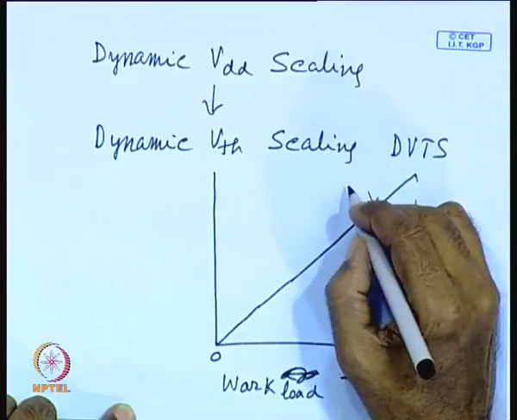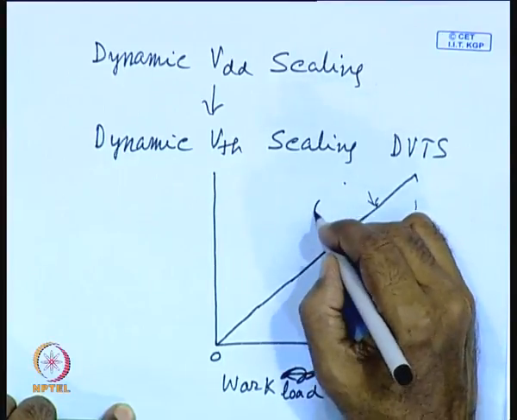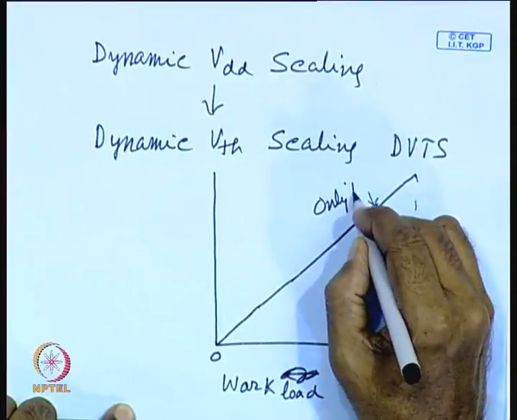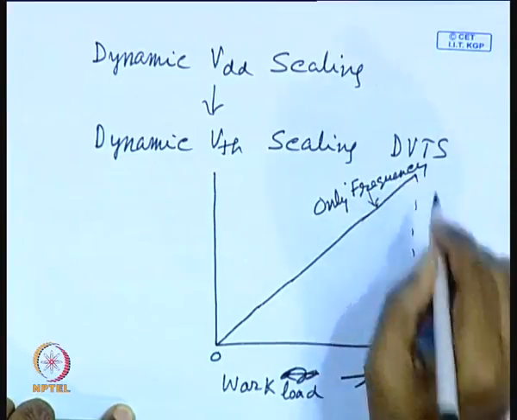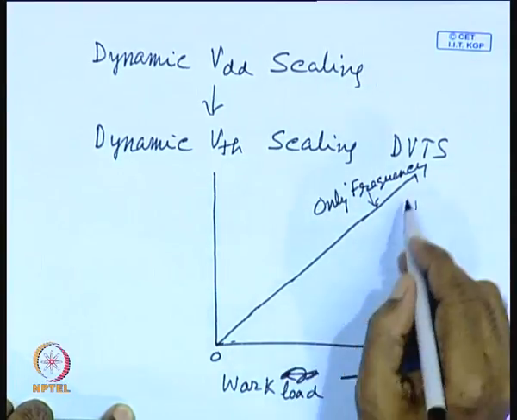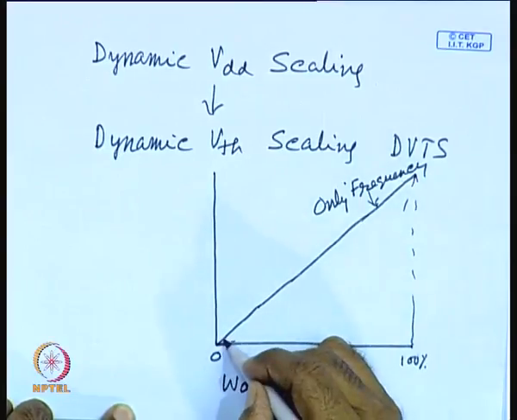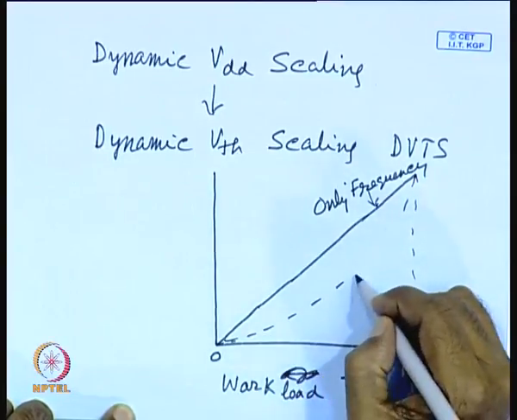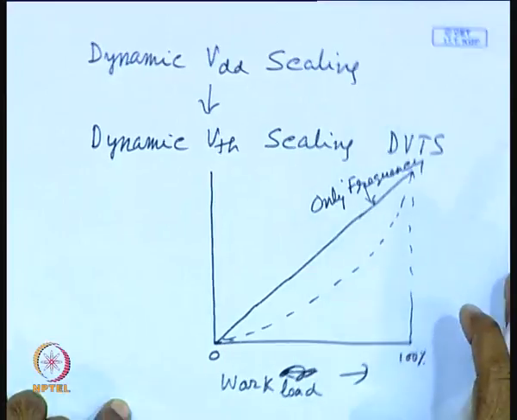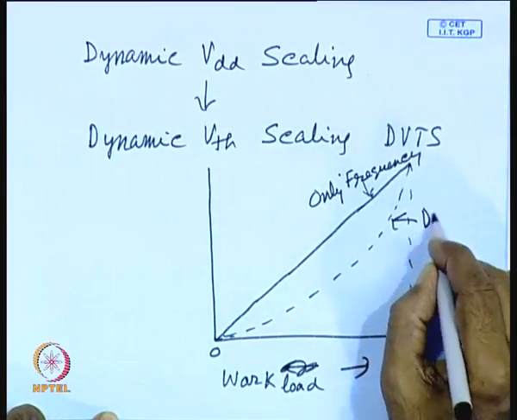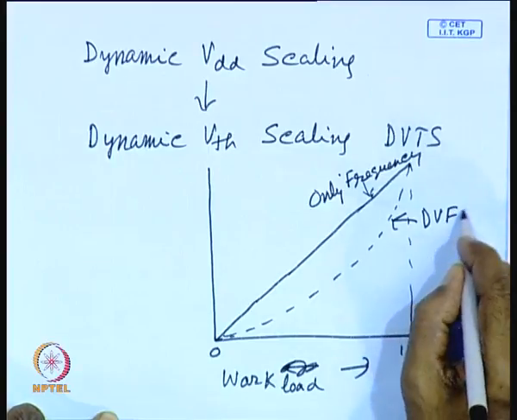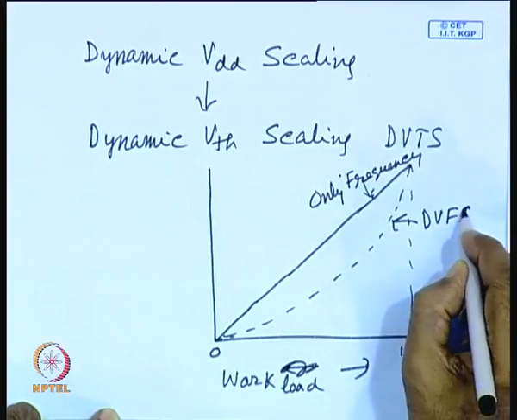So, here by controlling the frequency only, frequency scaling, you were able to reduce the dynamic power by changing the supply voltage as well as frequency. So, this was your DVFS, dynamic voltage and frequency scaling.